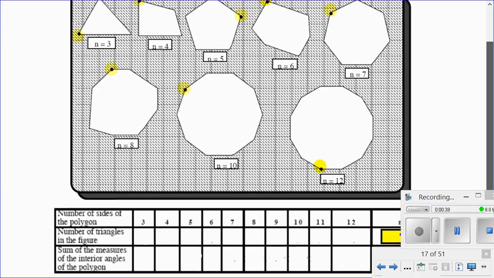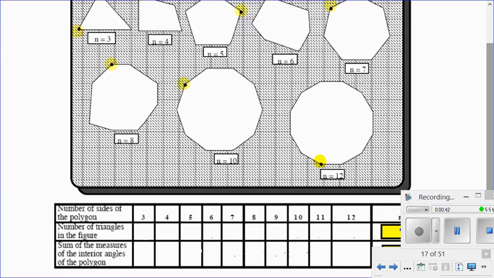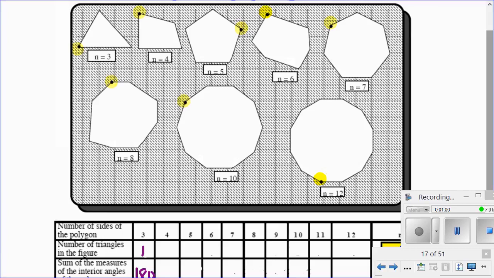So when there are three sides, the number of triangles we know is 1, and we know 180 degrees is the sum of the interior angles. When there are four sides, remember we looked at this yesterday, I can draw from this vertex one diagonal.